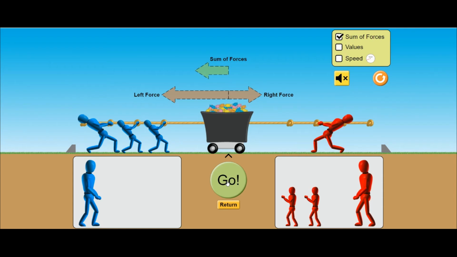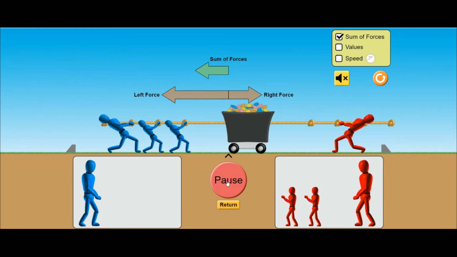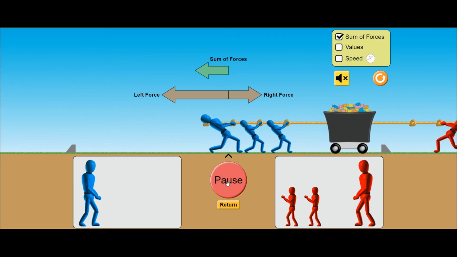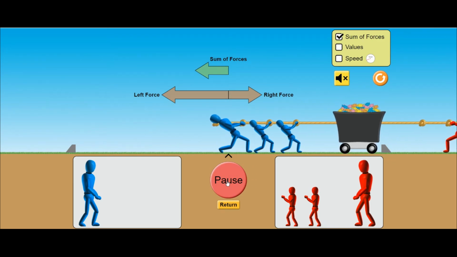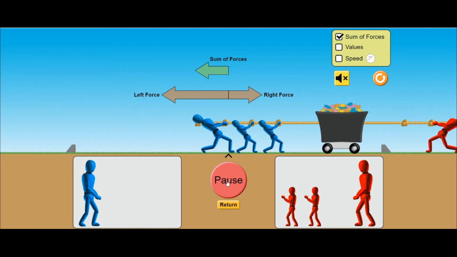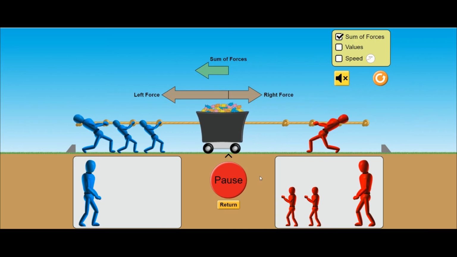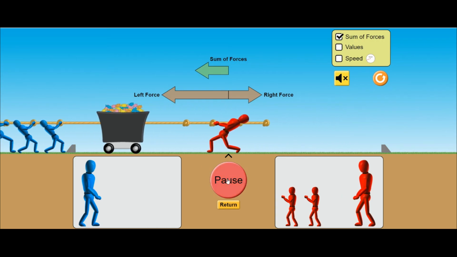Now that we know this cart is going to the right, looking at our force diagram and the fact that the net force is to the left, this cart is going to slow down, come to a stop, begin to move to the left, and then speed up. And now it's going to get faster and faster.